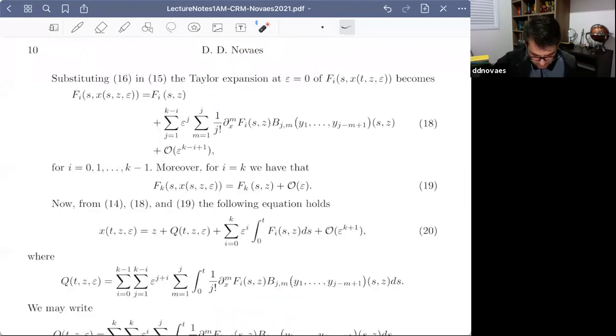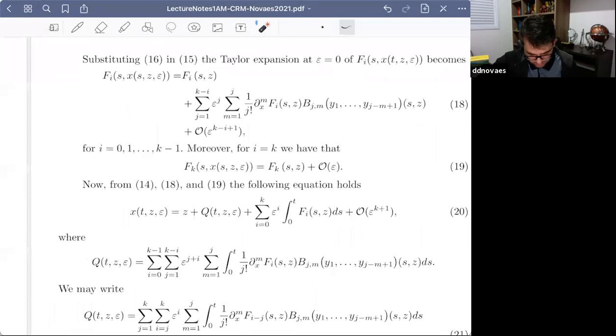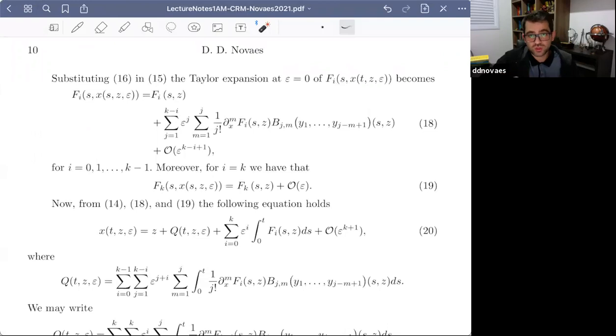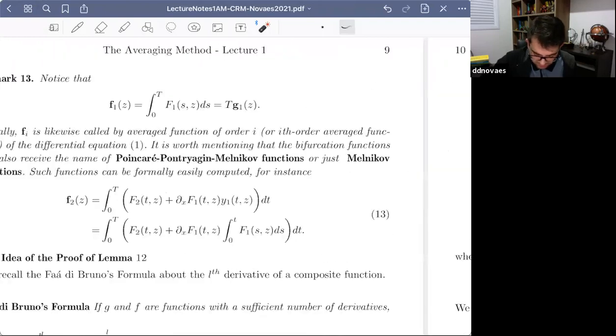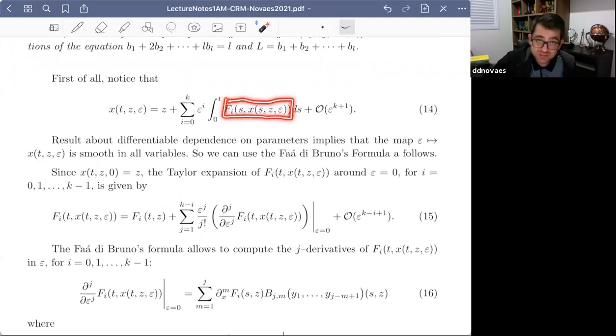So I think that I'm going to skip some computations, because now what we have to do is to manipulate those expressions in order to obtain the coefficients of epsilon, because we have epsilon here. When we expand these terms in power series of epsilon, we have some epsilons here, then those epsilons multiply themselves.